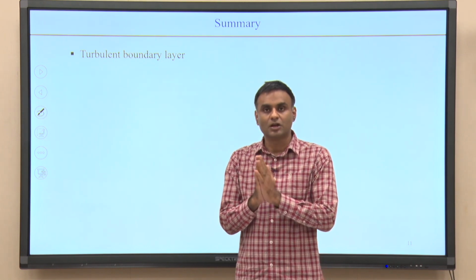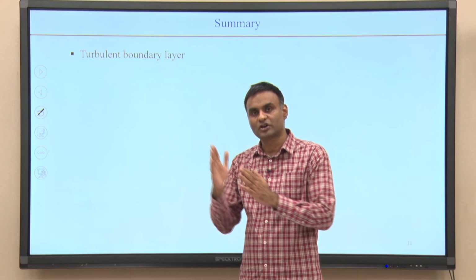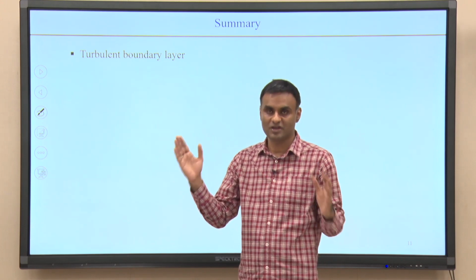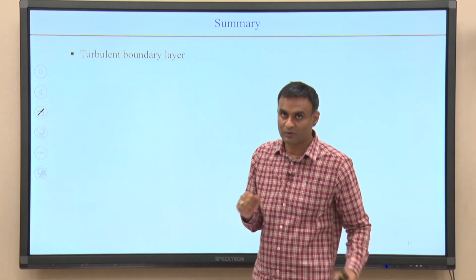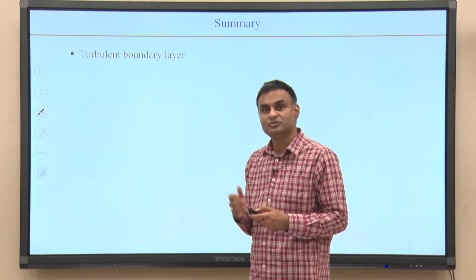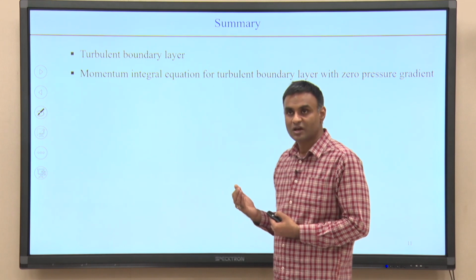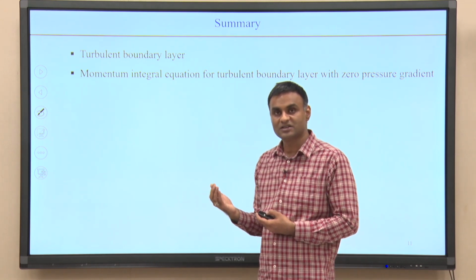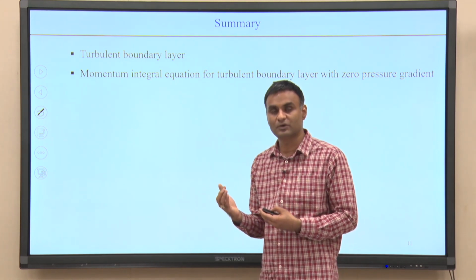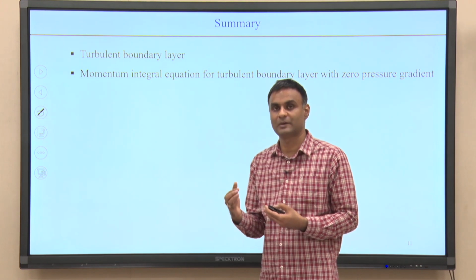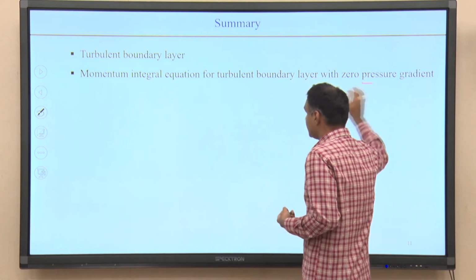The universal log law of the wall that we talked about in pipe flow is also valid for turbulent boundary layers, and then we used the momentum integral equation to analyze the integral quantities for a turbulent boundary layer over a flat plate with 0 pressure gradient.